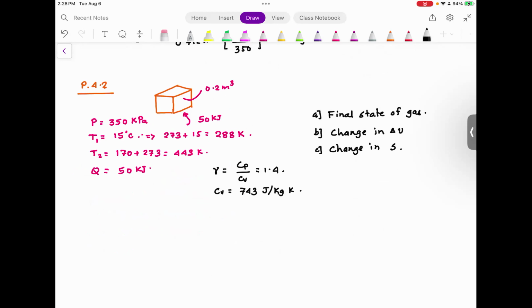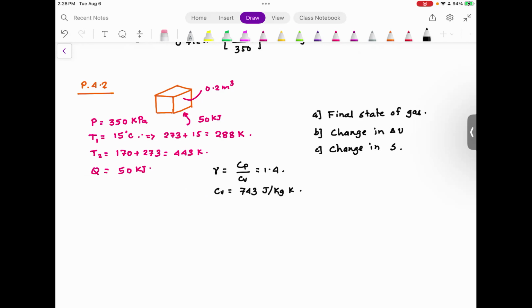In this problem, first and foremost, I want you to tell me what type of process this is. Understand, it's a rigid container. A rigid container means it's not expanding, not contracting, which means the volume of the container is going to remain constant.